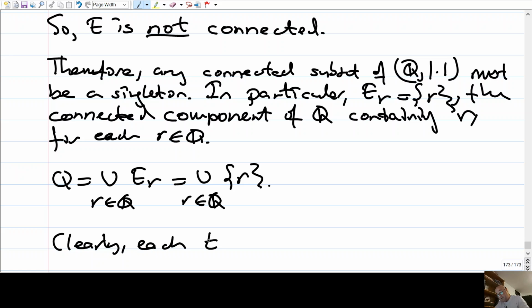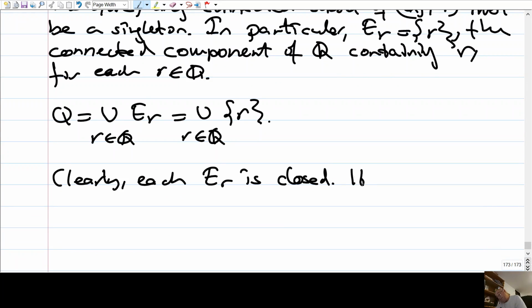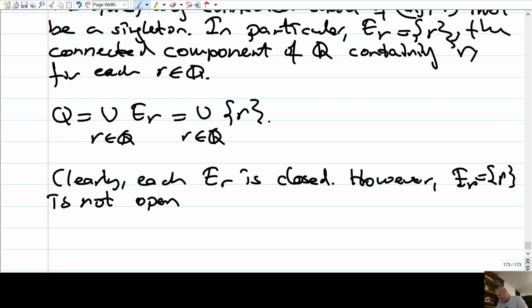Each E_r is closed, but it is not open. Why is that? Because a singleton is not open: if it were open, then it would have to contain an interval.